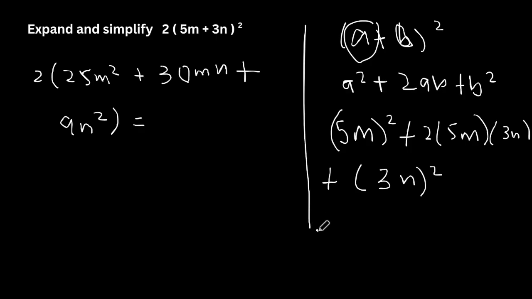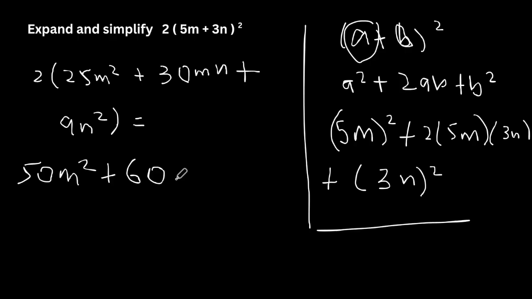So this is just your working bit. And so 2 times 25, m squared is 50m squared, plus 2 times 30 is 60mn, plus 2 times 9 is 18.